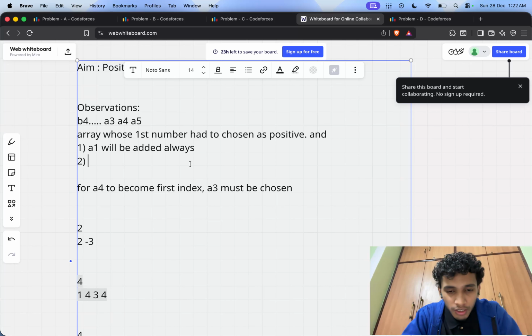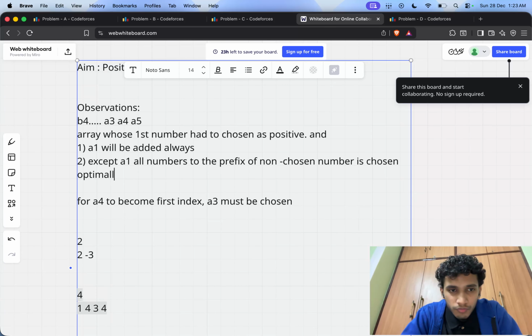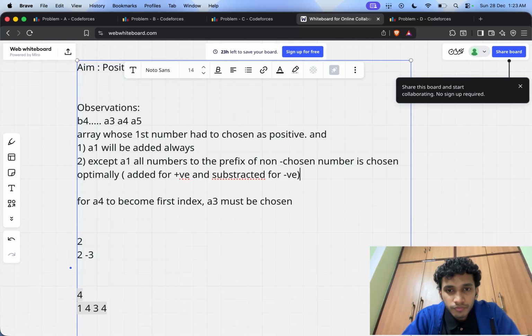So we come to the conclusion that, acceptable, that is the very first number, all numbers in the prefix of the non-chosen number are chosen optimally, added for positive and subtracted for negative.